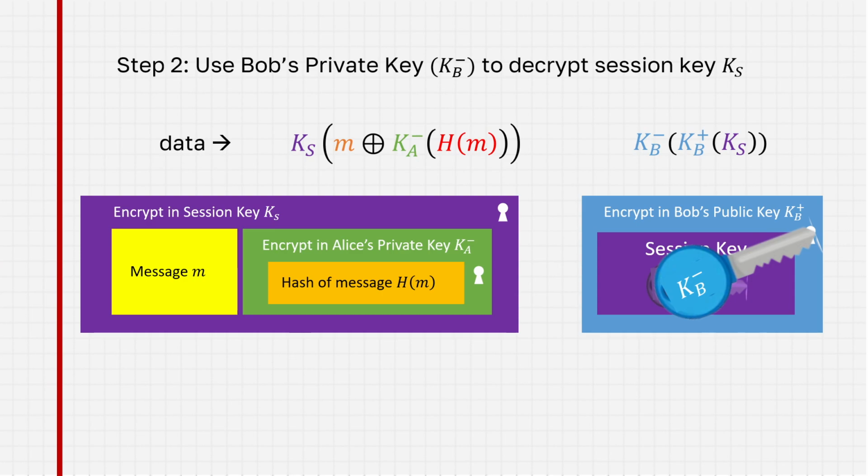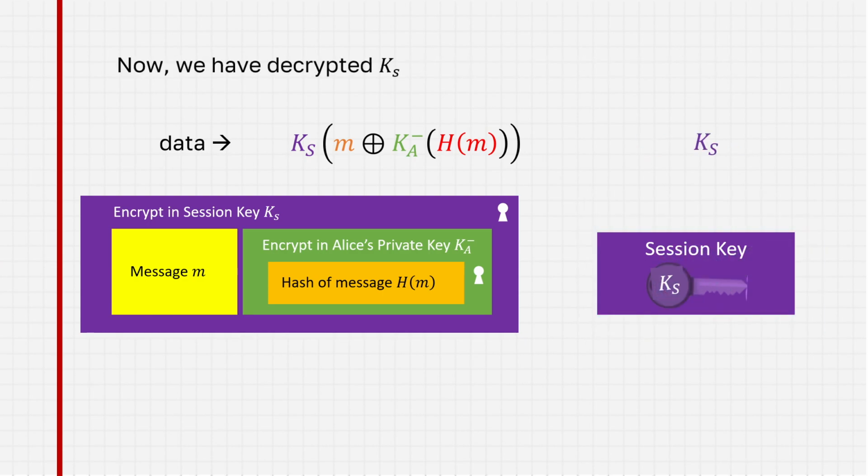So if you recall this notation, if you use Bob's private key to decrypt something that's encrypted in Bob's public key, then you will be able to extract the original message. That's where the math comes in. A message encrypted with Bob's public key can be decrypted with Bob's private key. Then you will be able to obtain the original session key.